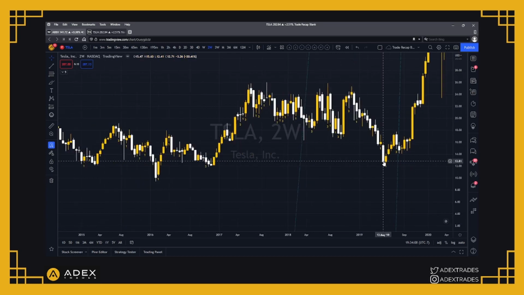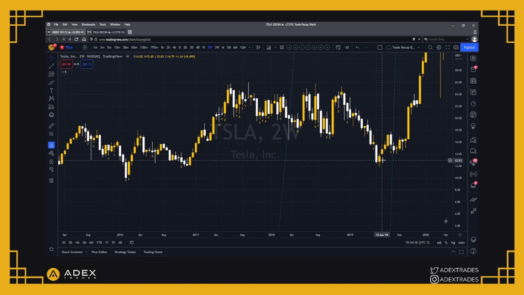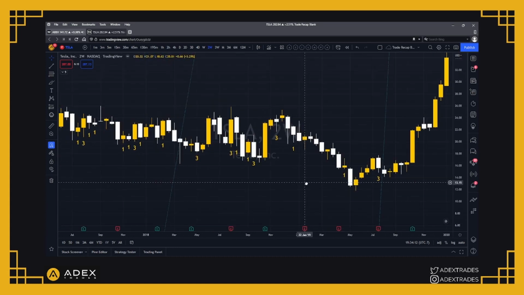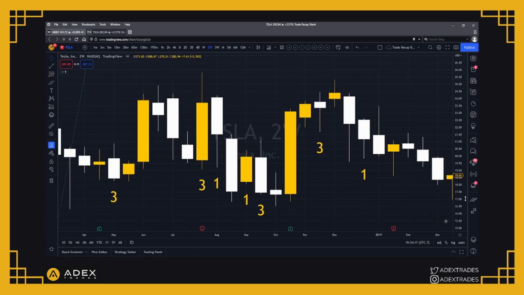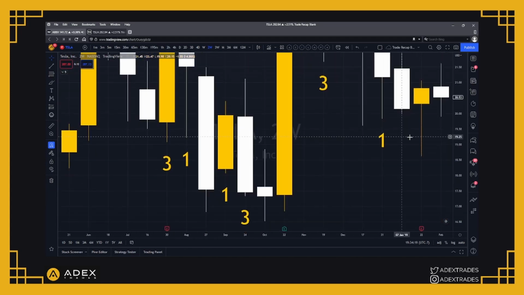I need a big bar. I'm looking for a big bar. Oh, okay, I can use this one.